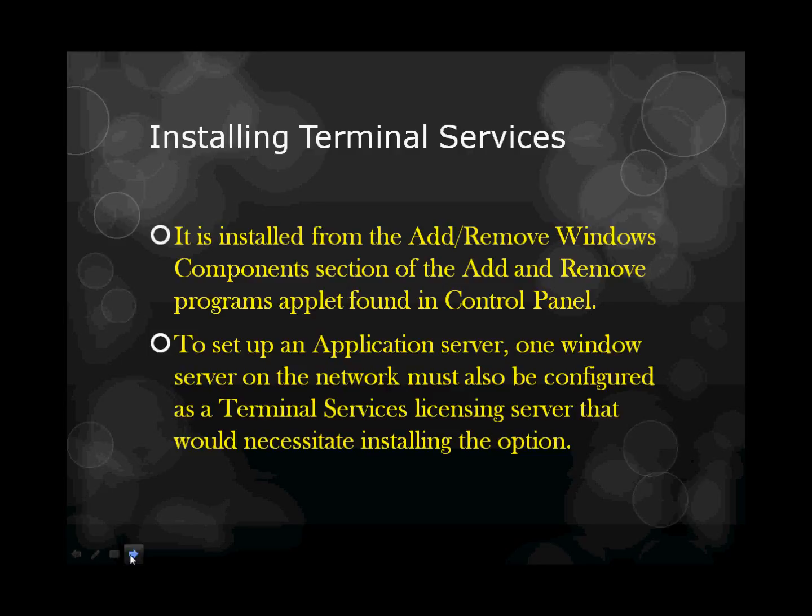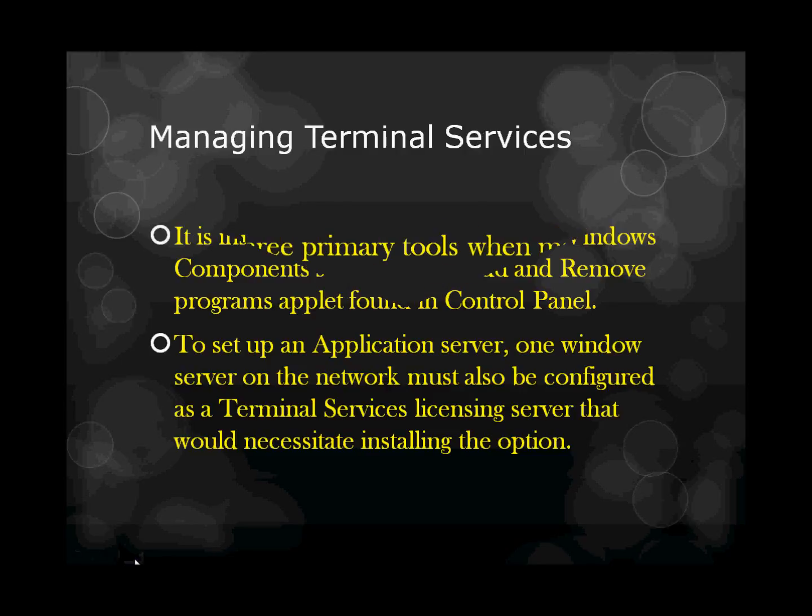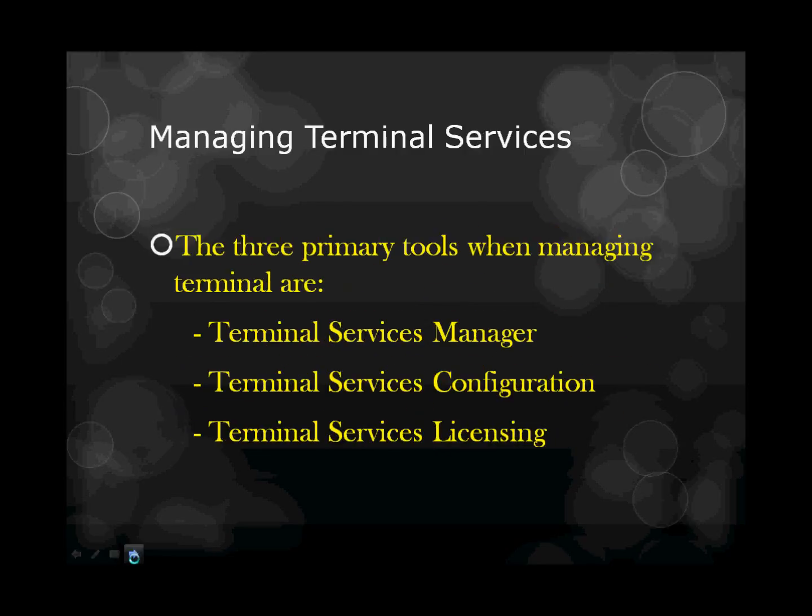To set up an application server, one Windows server on the network must also be configured as a terminal services licensing server, which would necessitate installing that option. With managing terminal services, there are three primary tools: Terminal Services Manager, Terminal Services Configuration, and Terminal Services Licensing.